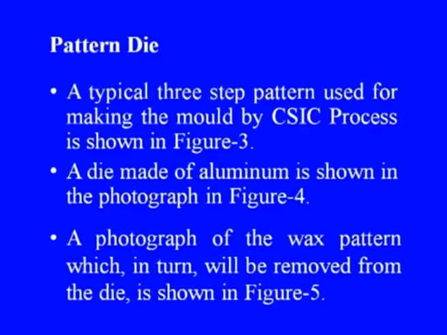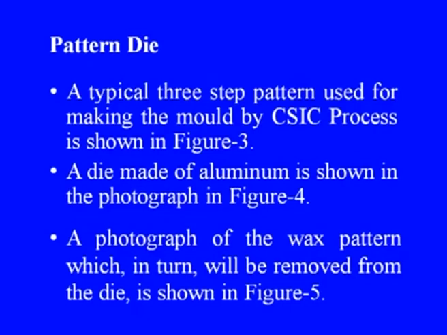Thus, it indicates that the following process parameters have an effect on the quality of the wax patterns with respect to dimensional accuracy and surface roughness made from the dies. Let us see the pattern die.